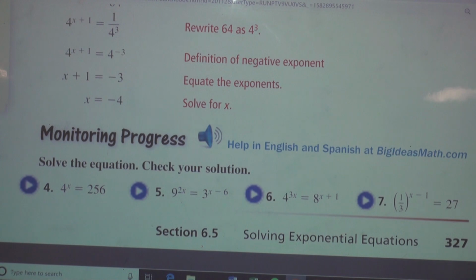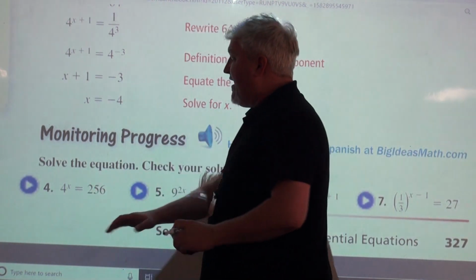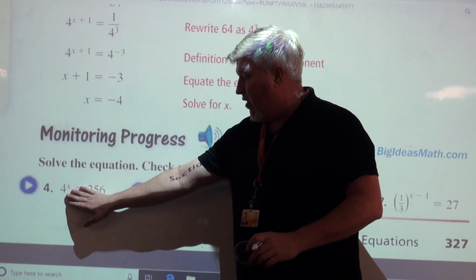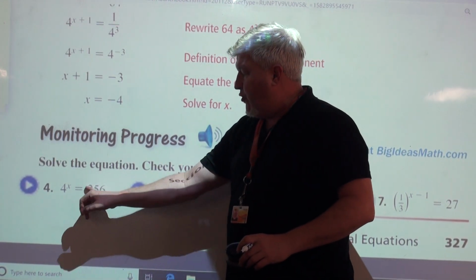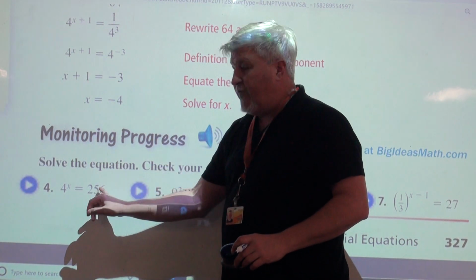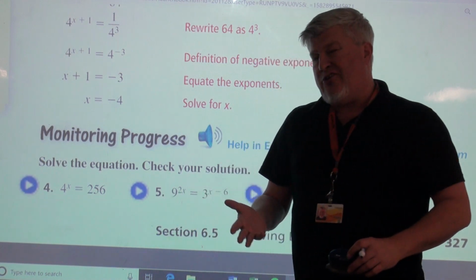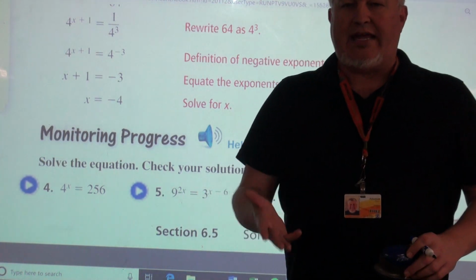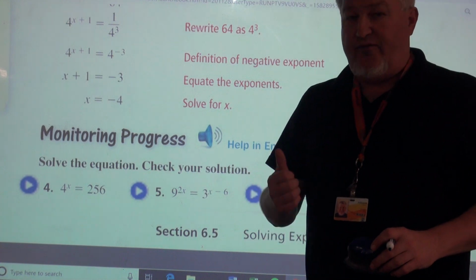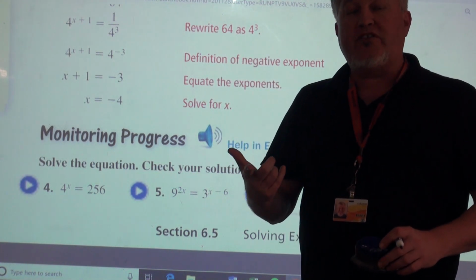Okay. So we have our smallest base present is 4. Is there a root of 256 where I can get the base of 4? And there is. 256 is 4 to the 4th. I didn't know that, I suspected it, so what I did with my calculator is I just went 4 y to the x to the 4th, because I knew from before 4 to the 3rd is 64.